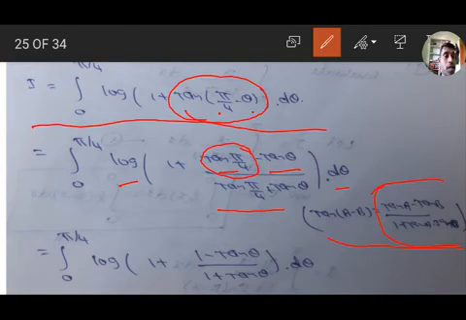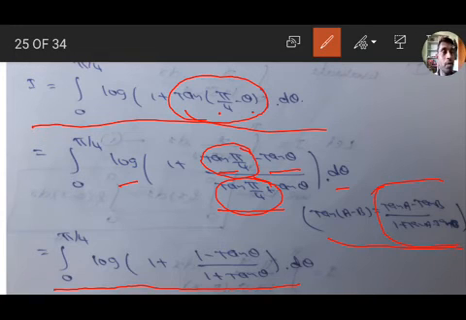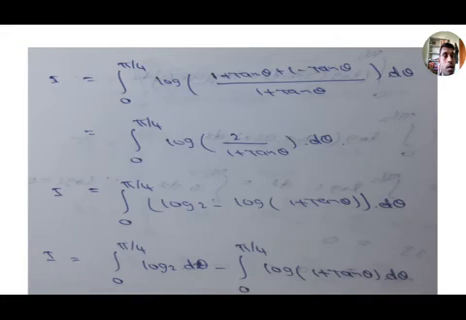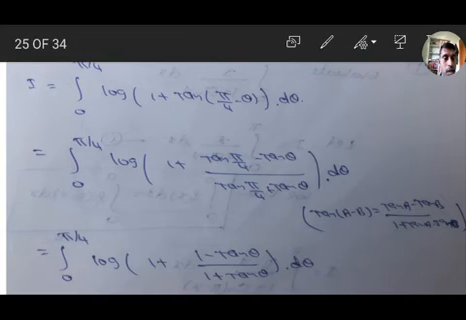So we get 1 minus tan theta by 1 plus tan theta, that is integration 0 to pi by 4 of log of 1 plus (1 minus tan theta) by (1 plus tan theta) d theta. Taking 1 plus tan theta as the LCM, the numerator is 1 plus tan theta plus 1 minus tan theta.